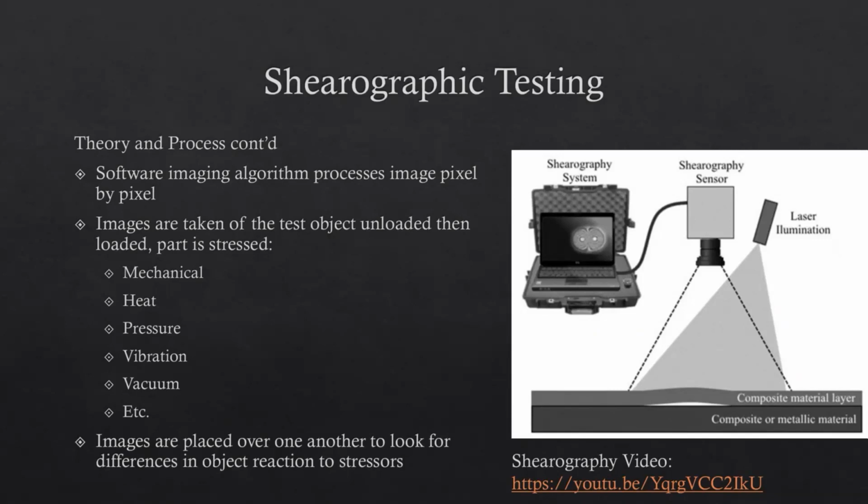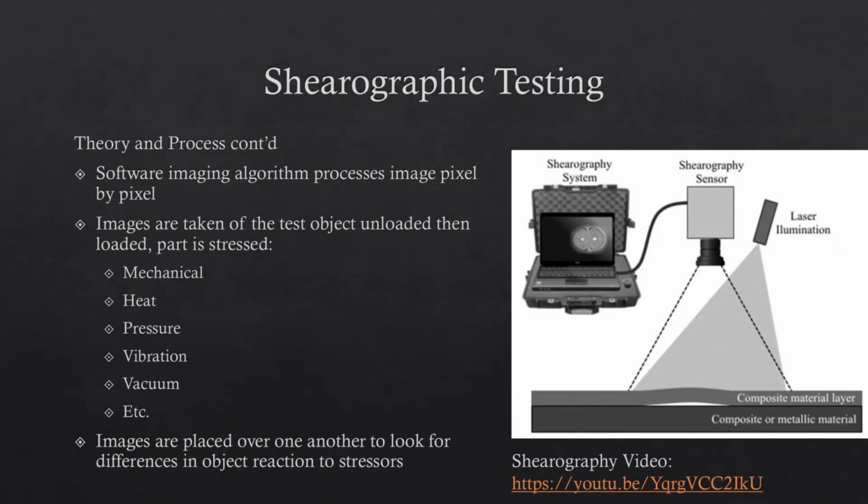And they are placed one on top of the other. Differences in the pattern produced are able to be picked up to look at how material changes with stress. So if the entire surface reacted the same under stress as when it's not stressed, when you put those images on top of each other, they would look identical.